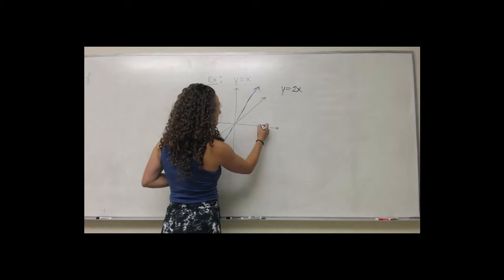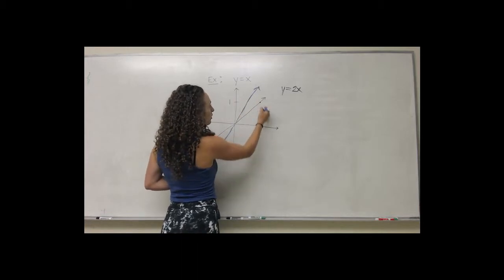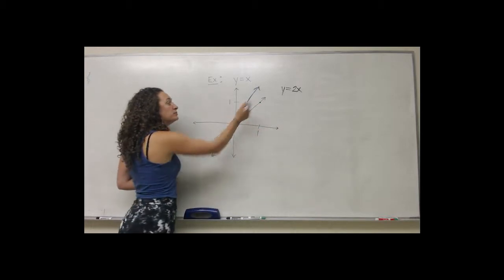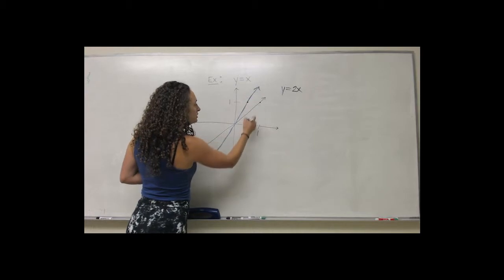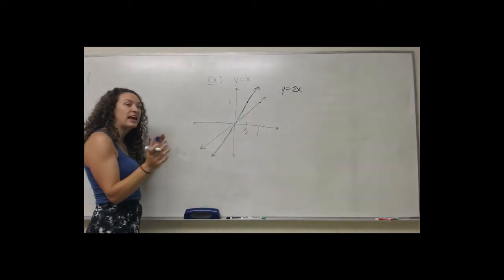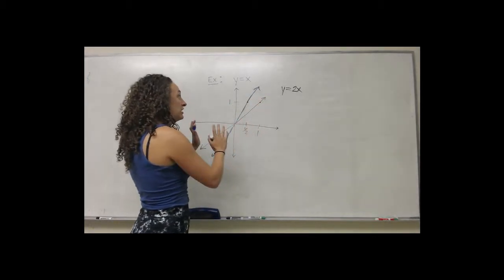So in my original line, I needed to go out to x equals 1 to find that y value. Now I only need to go to x equals 1/2. So it's compressing the x values. For all of the y values now, the x values are getting squished in.